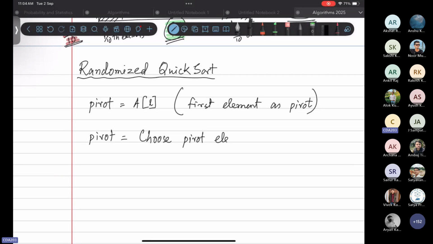Choose the pivot element uniformly at random. So this is how we're going to choose the pivot element.